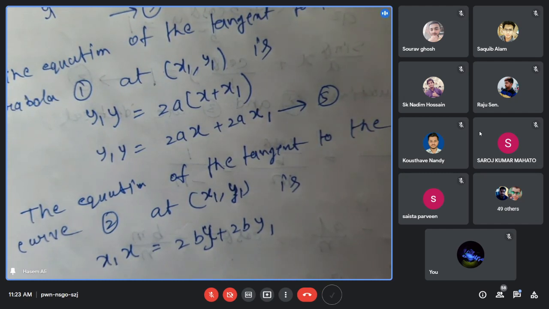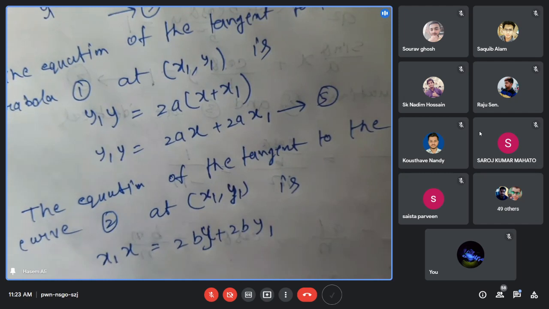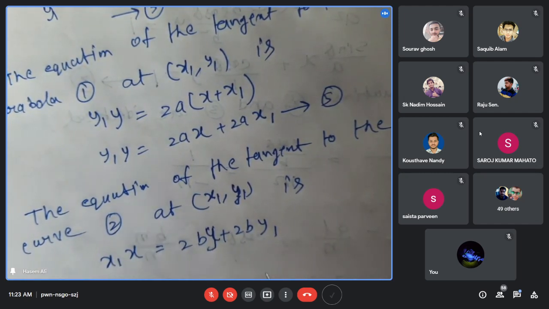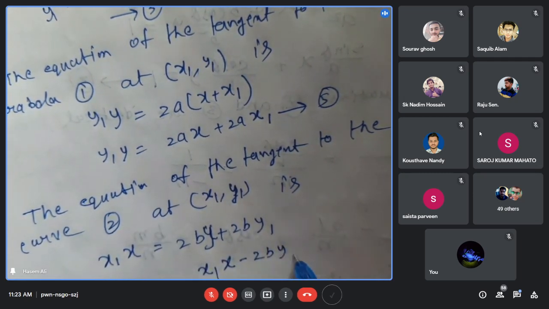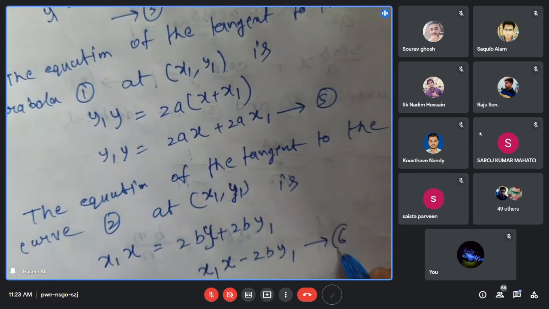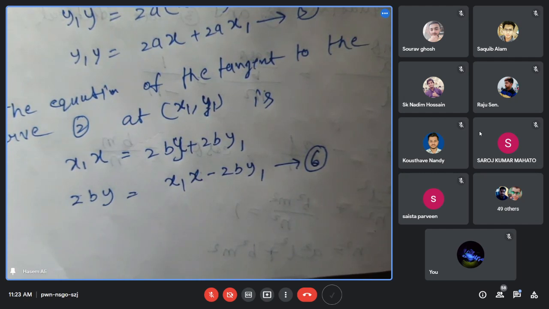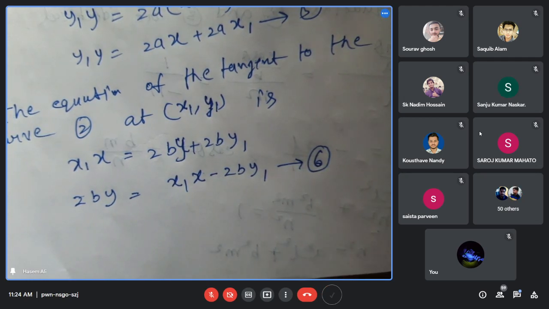That means 2by plus 2by1. That means we have 2by equals to x1 x minus 2by1. So this is our equation 6. We have to find the angle between the curves, that means between the straight lines 5 and 6, the angle between the two tangents 5 and 6.